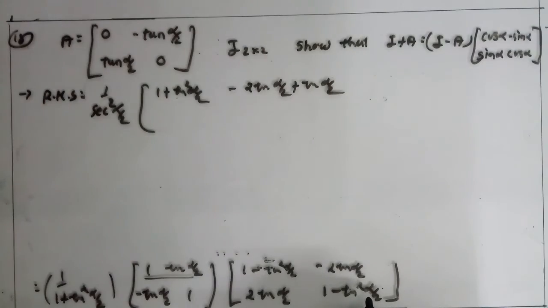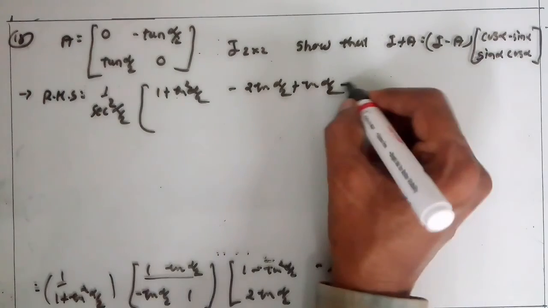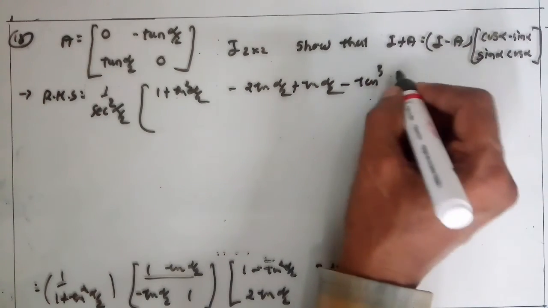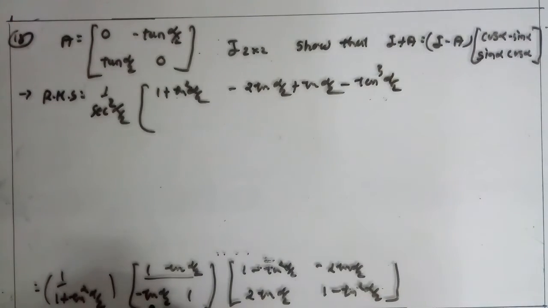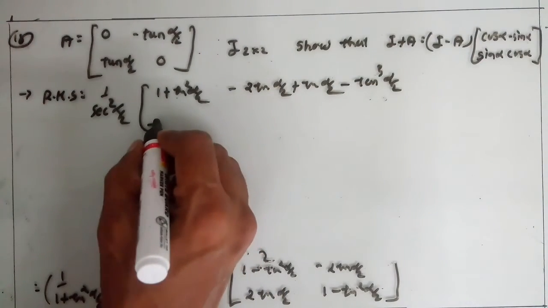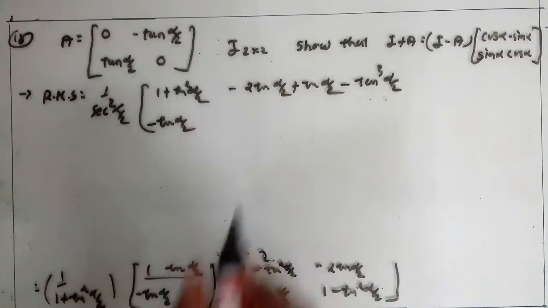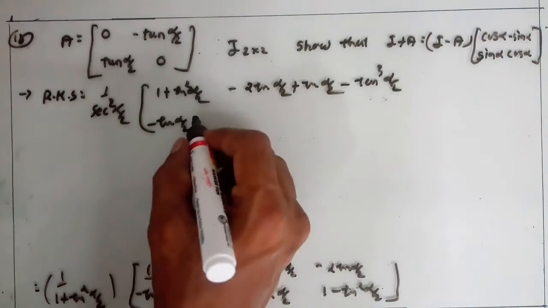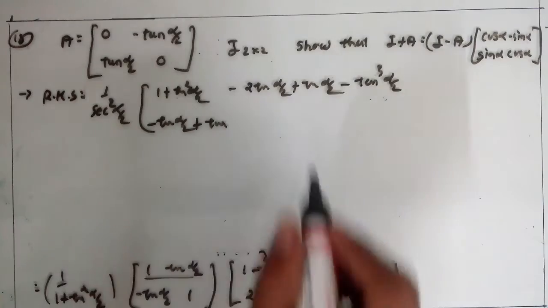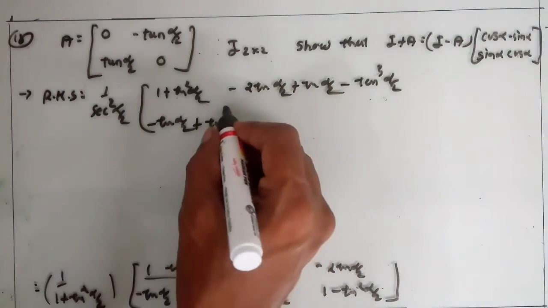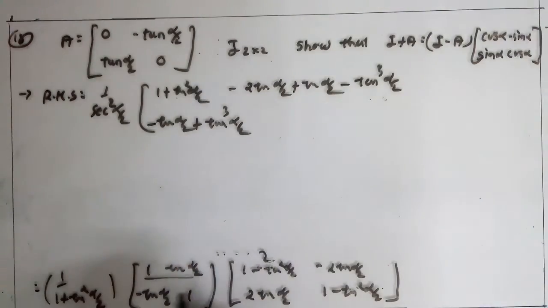Tan alpha by 2 into this becomes minus tan cube alpha by 2. Clear this? Similarly, second row first column, minus tan alpha by 2 into this becomes minus tan alpha by 2, minus minus plus tan cube alpha by 2. Clear this?